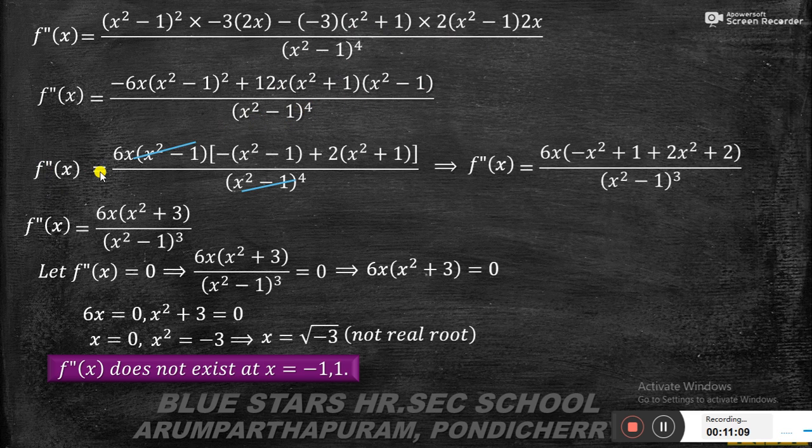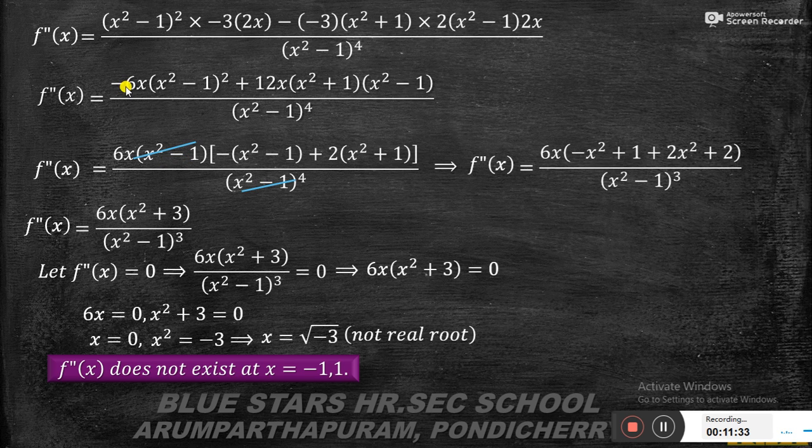In the next step, f double dash of x equal to minus 6x square minus 6x into x square minus 1 whole square plus 12x into x square plus 1 into x square minus 1. From the numerator I take the common factor: 6x is a common factor, and x square minus 1 is a common factor. Therefore 6x into x square minus 1 is a common factor.